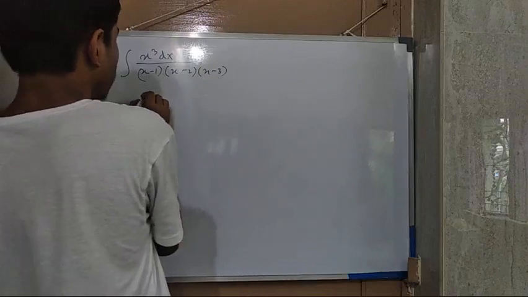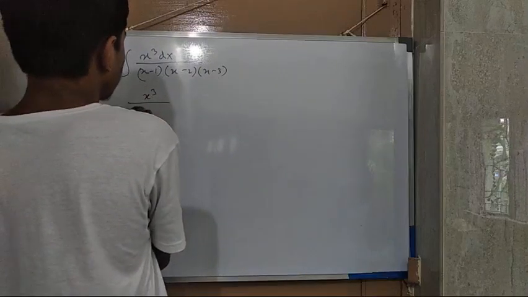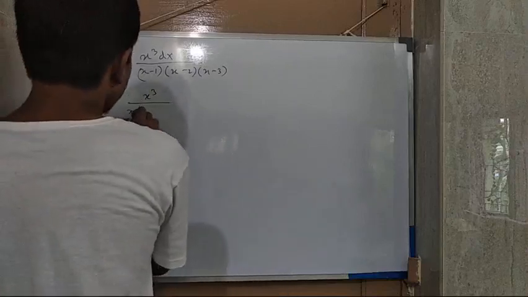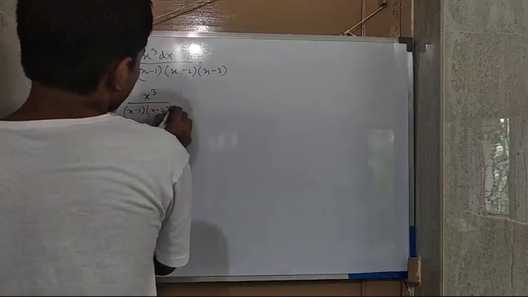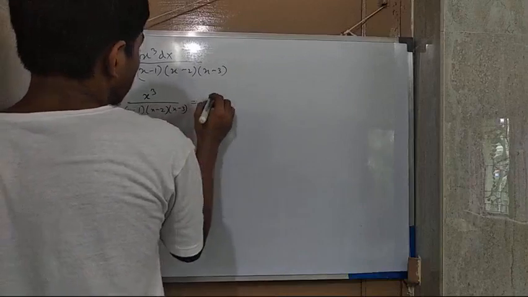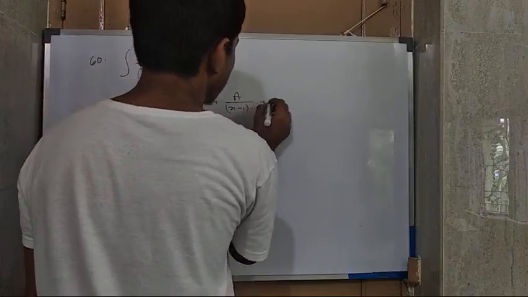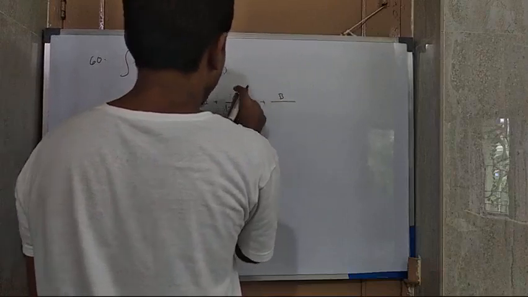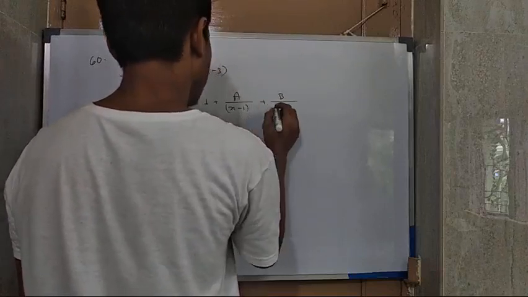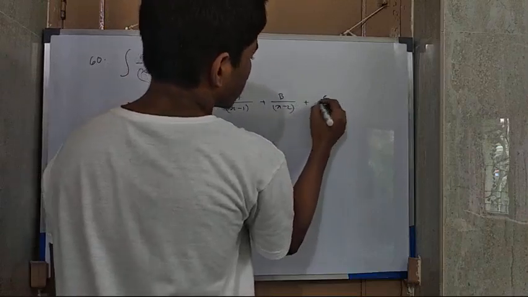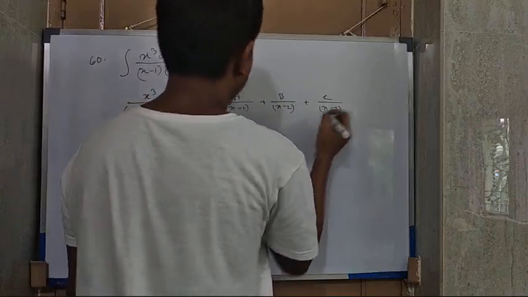So let's take x cube by (x minus 1)(x minus 2)(x minus 3) is equal to 1 plus a by x minus 1 plus b by x minus 2 plus c by x minus 3.